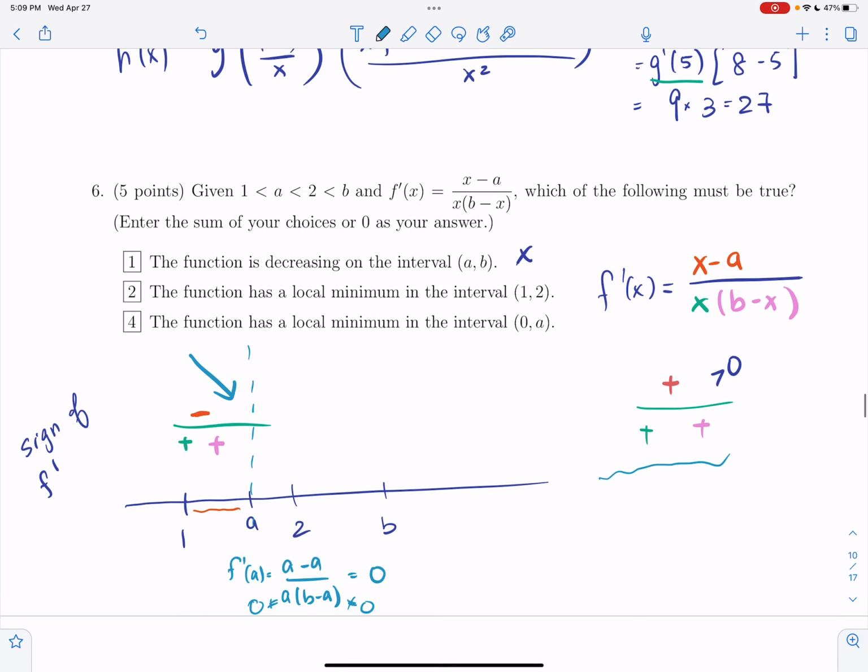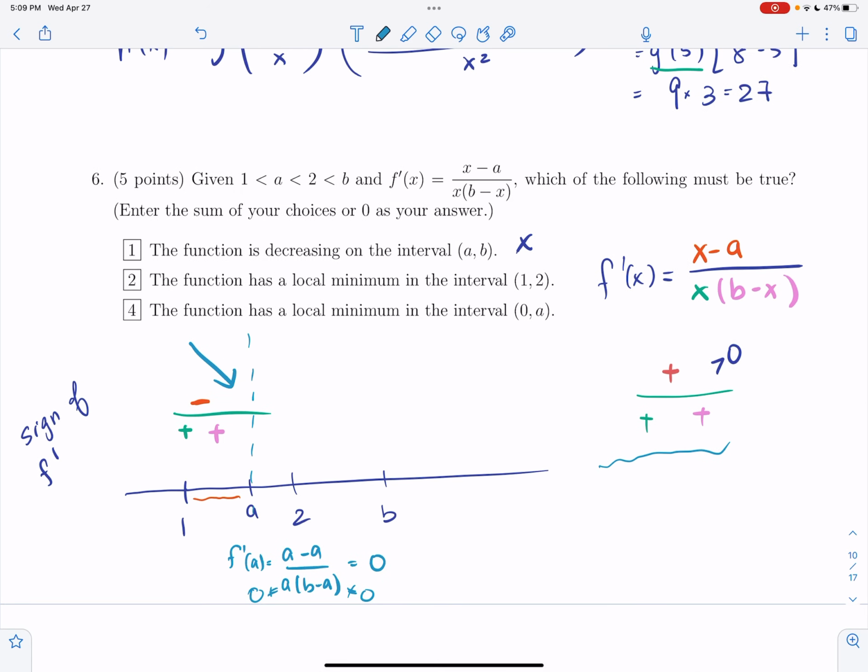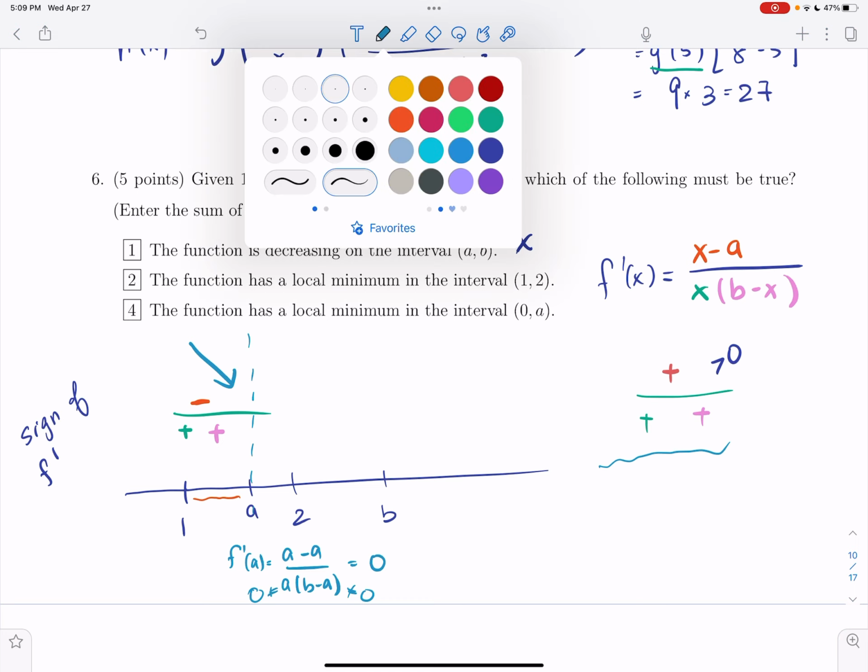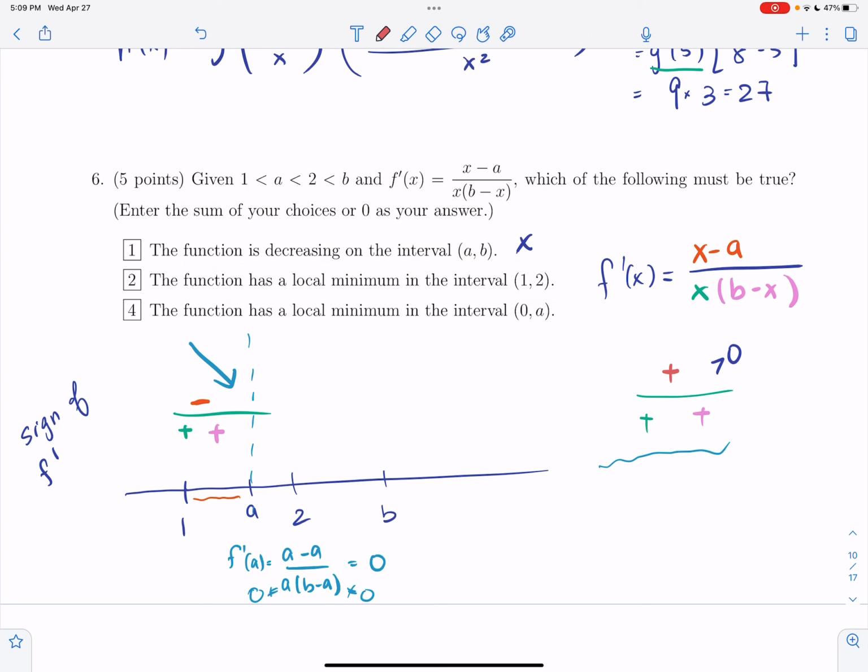And then how about if x is between a and 2? Let's look at each one of these again. Then x minus a will be positive, so the numerator is positive. Let's look at the denominator. X is always positive. And b minus x is positive. Just so that we have more space, let me move this.